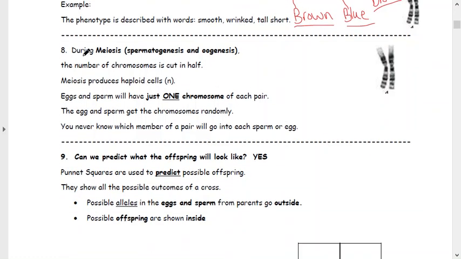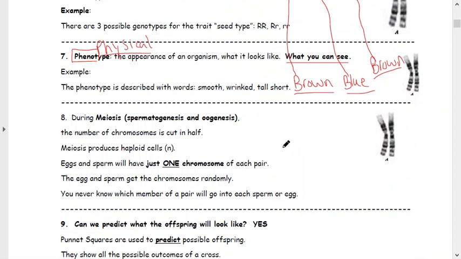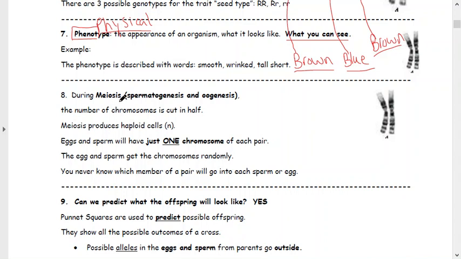All right, so during meiosis, when organisms inherit these chromosomes and they inherit these alleles, remember that you're going from one parent cell to 4 daughter cells. So here's a set of chromosomes, one from mom, one from dad.